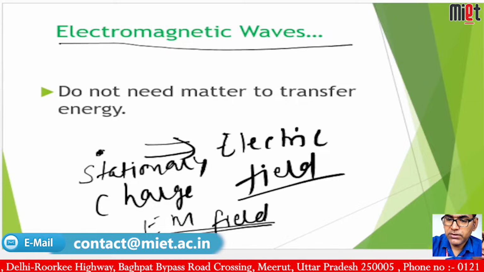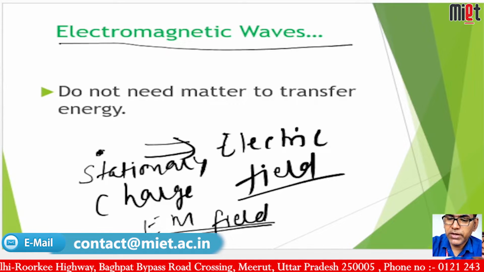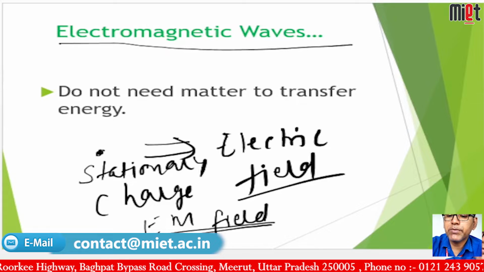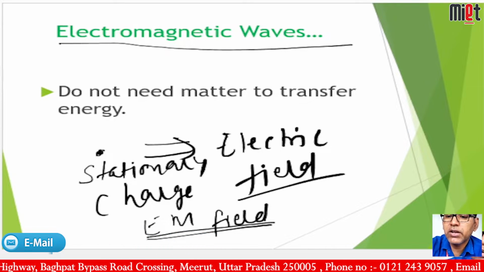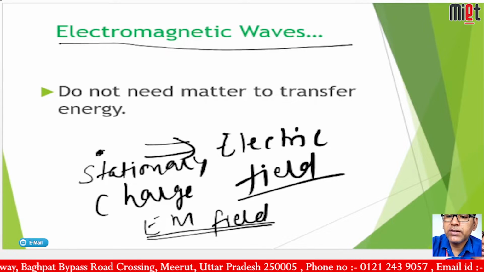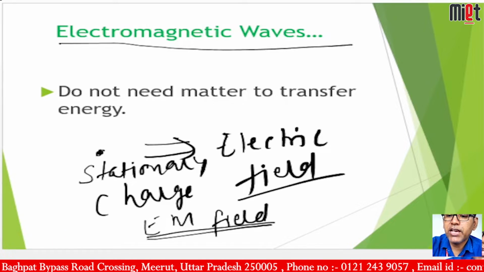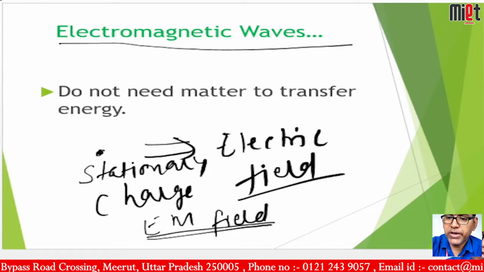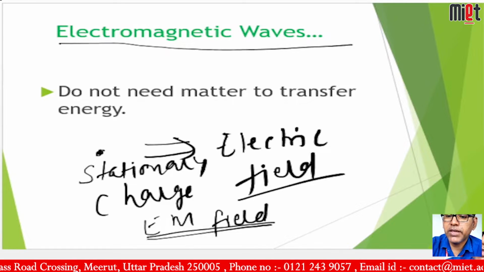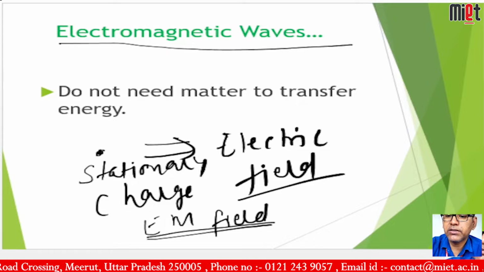And since the electron is oscillating back and forth with variable speed, you will get an electromagnetic wave. So in general, a moving charge produces electric field as well as magnetic field. But if the speed of movement is varying with time, then you will get electromagnetic waves.